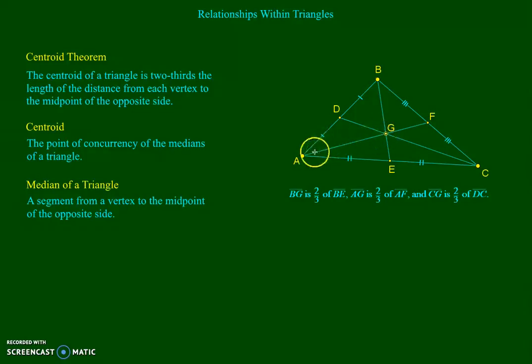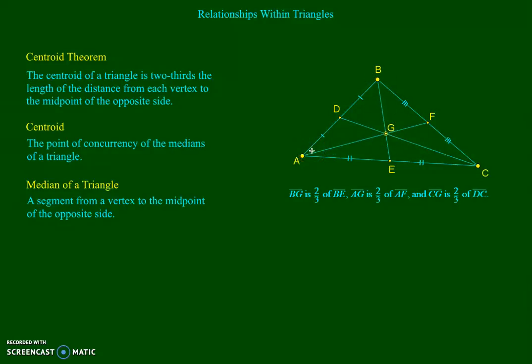But in this example, you can see that this piece looks bigger than this piece. When we're dealing with centroids, you can pretty much always rely on that, because there's no real way in 3 dimensions to draw a centroid so that it appears differently. So again, 2/3 of the whole, 2/3 of the whole, 2/3 of the whole.